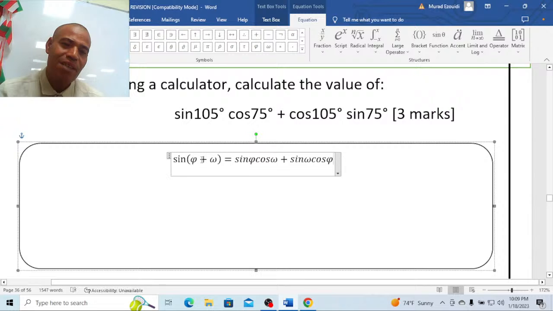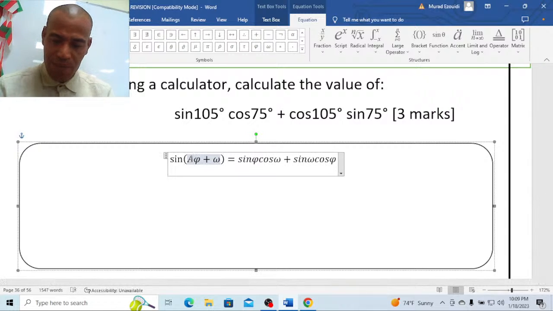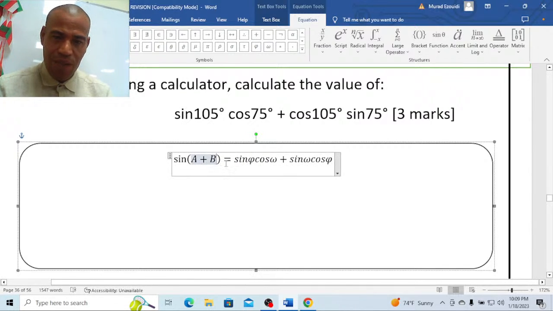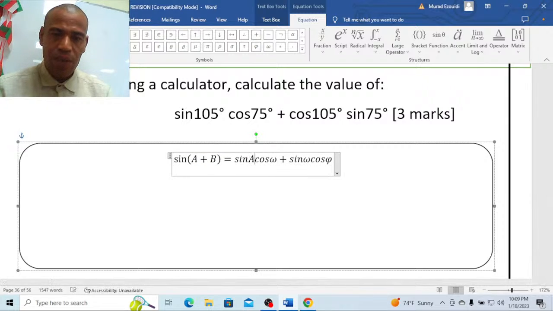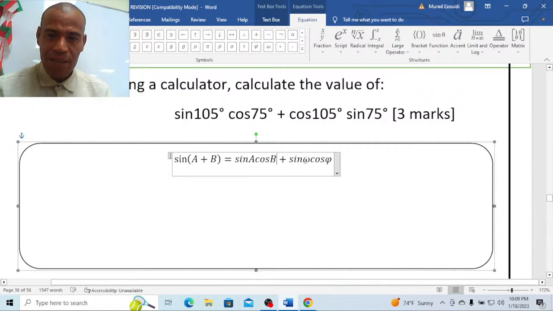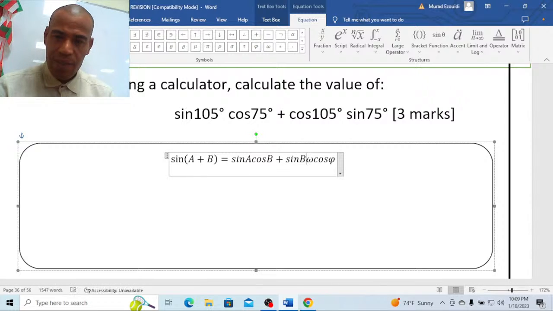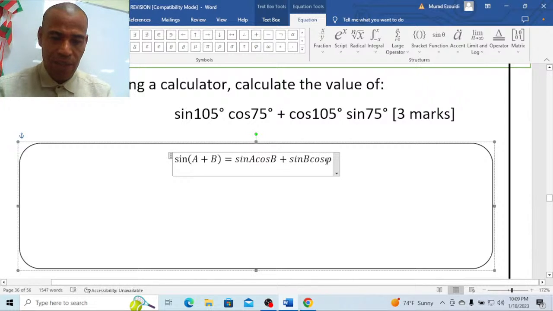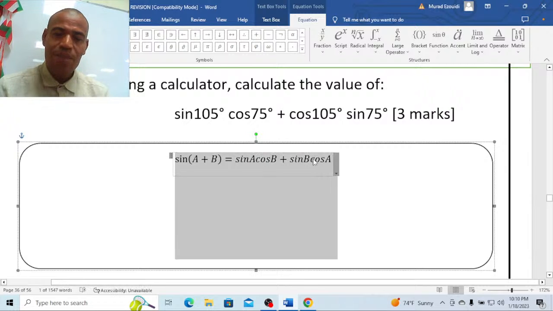Therefore, learners, you can change it to something you already know. It will be sine A plus B is equal, learners, to sine A cosine B, then plus sine B cosine of the angle A. So this is about sine A plus B. I will use the same and I will work sine A minus B. This is the first formula, learners.